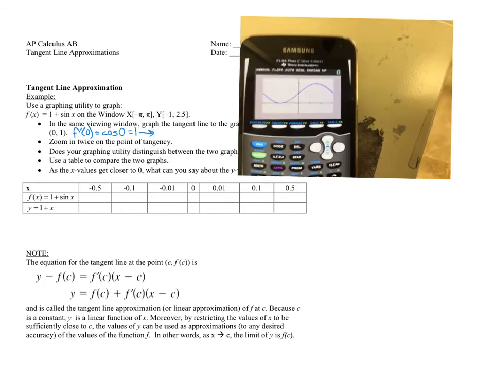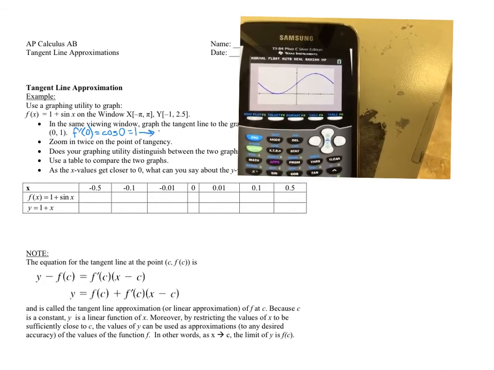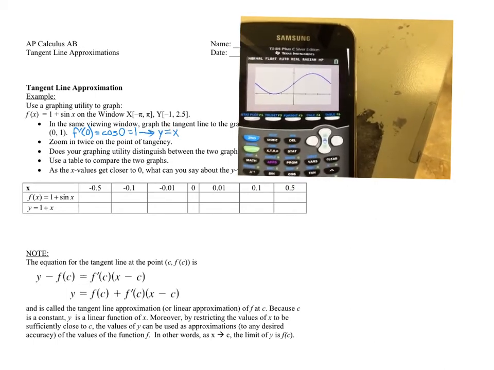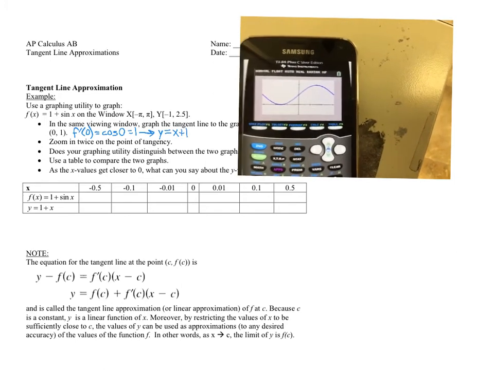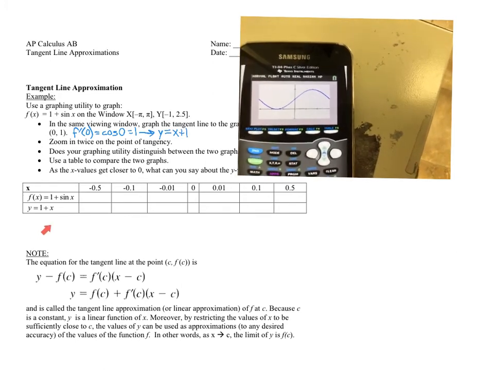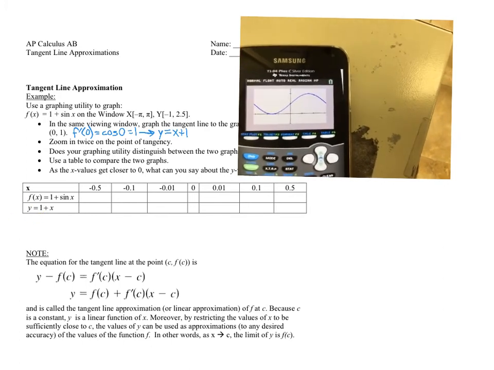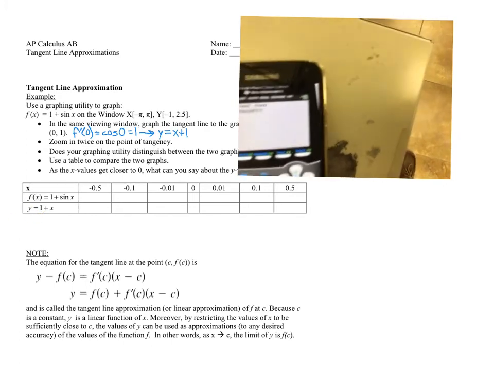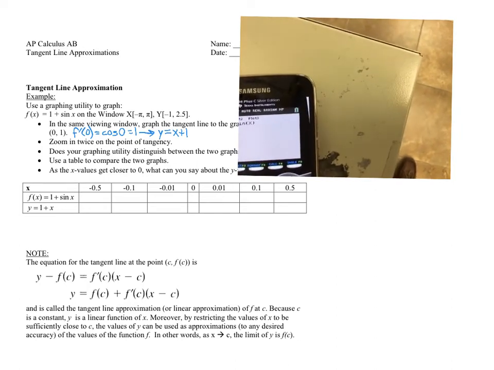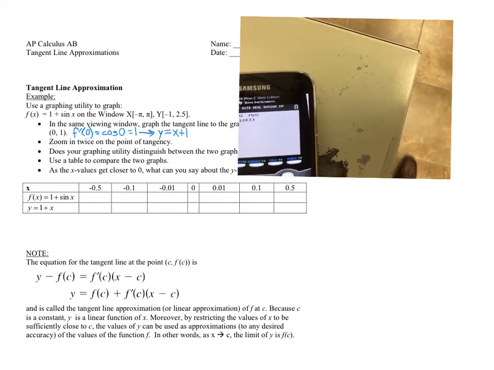And since we're hitting the y-intercept anyways, we know that the equation is y equals x plus 1. Or we can look down at the table since we have guided notes, and there it is right there. Okay? So I'm going to go back and graph that as well. 1 plus x.